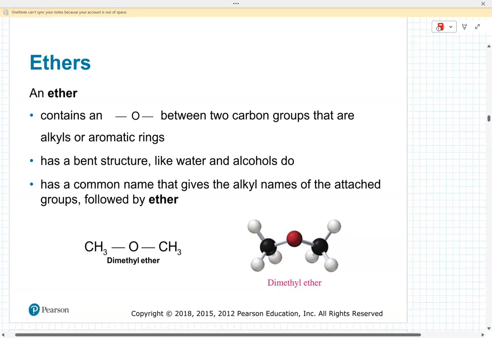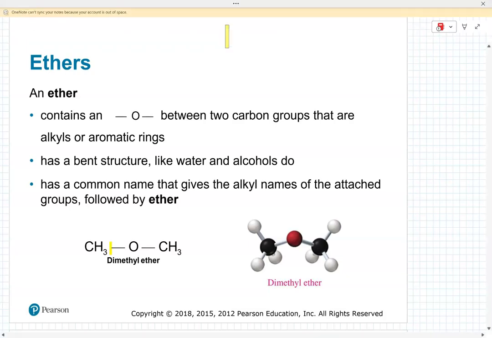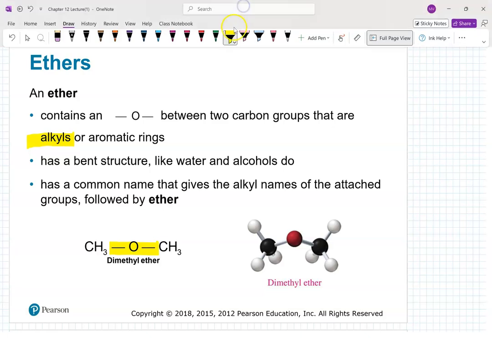So, ethers. They contain an oxygen atom that connects to carbons. Okay? Now, these carbons can belong to hydrocarbon chains, like this CH3, or I can come up with this.